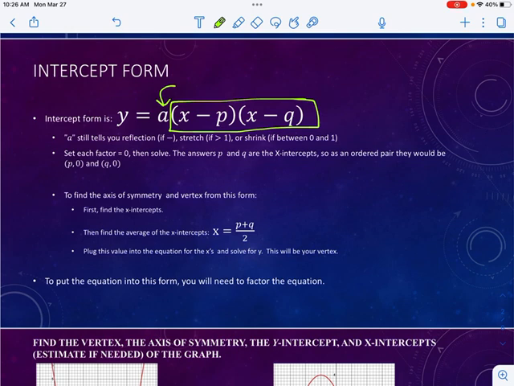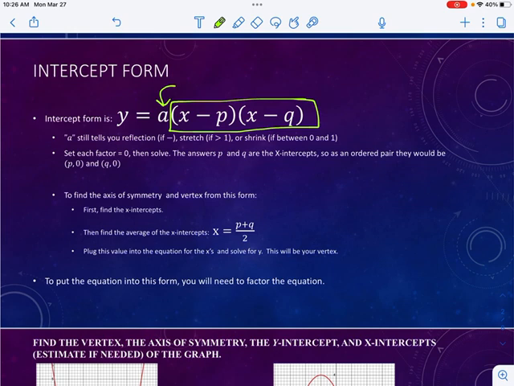We take our factors, set them equal to 0, and solve. Those answers, P and Q, become the x-intercepts. So the ordered pairs would be P comma 0 and Q comma 0, because remember, to find an x-intercept, you plug 0 in for y and solve.